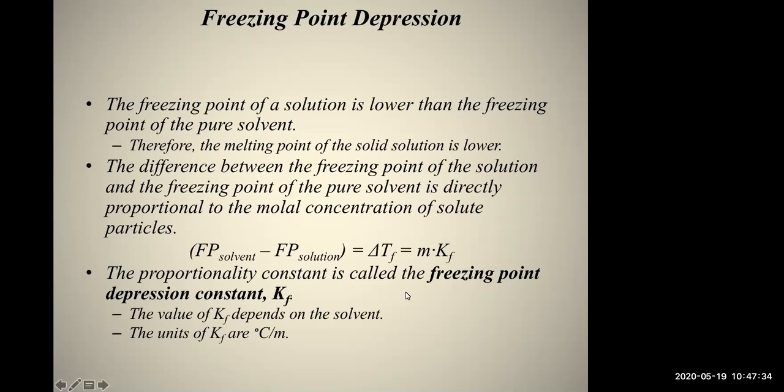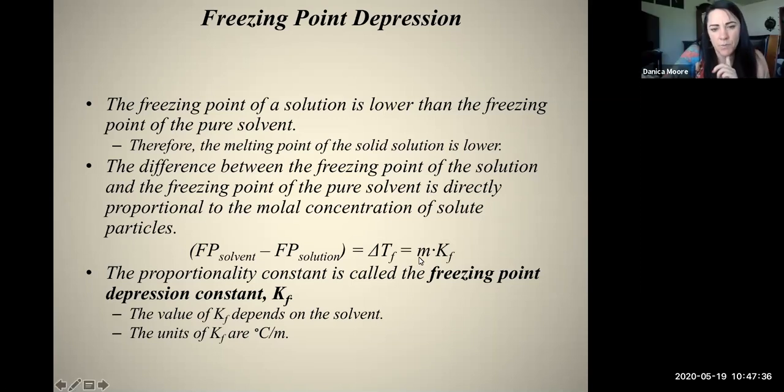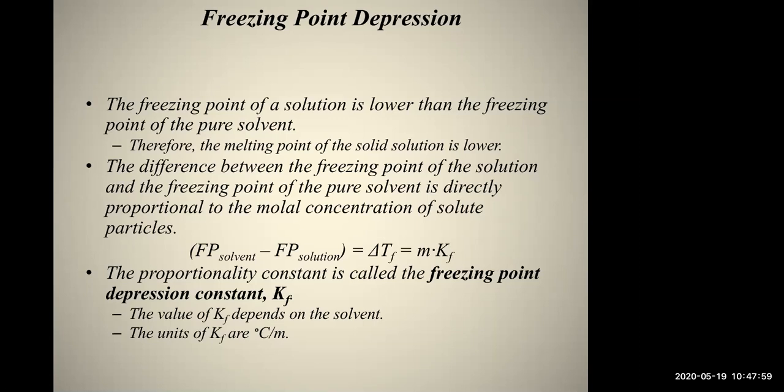So this is good old-fashioned molality. Now, again, we're talking about colligative properties. So is this the molality of the solution or the molality of the ions? The ions, right?